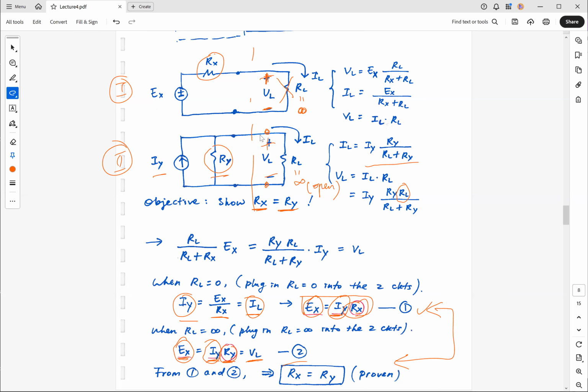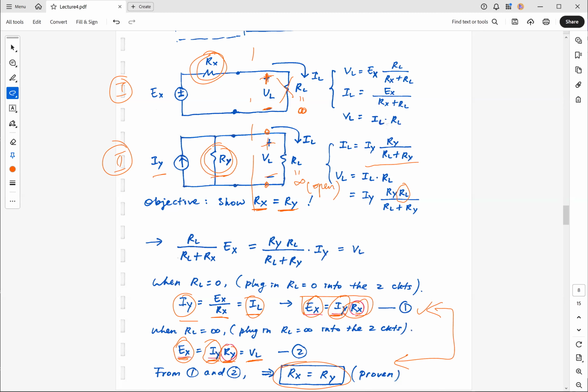So now I have this Rx and this Ry. This tells us that this resistor in series and this resistor in parallel have to be the same numerically in order for this transformation to be valid.